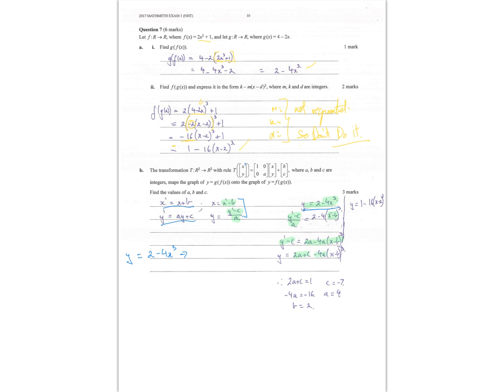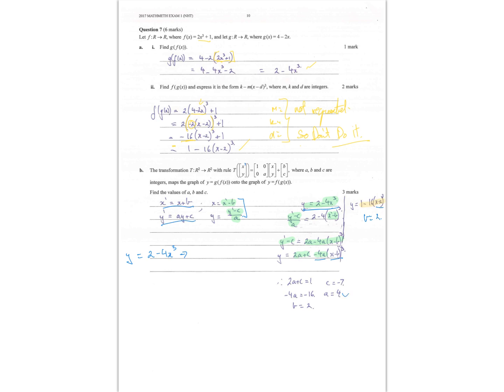So that has to be equal to, over here, just above it in yellow, 1 minus 16 x minus 2 all cubed. So clearly from that, hopefully we can see that b has to equal 2. The x minus b cubed equates to the x minus 2 cubed. Negative 4a out the front has to equal negative 16.